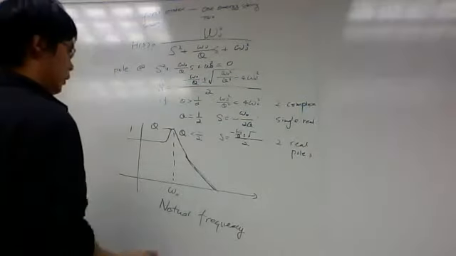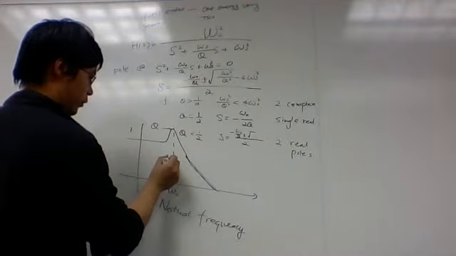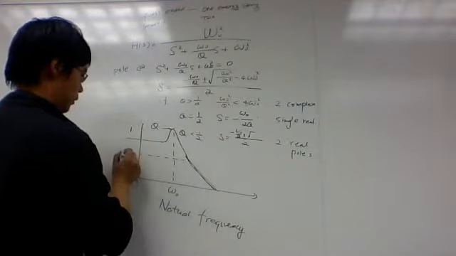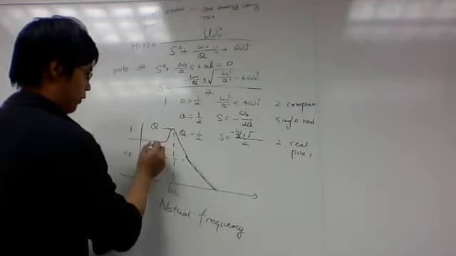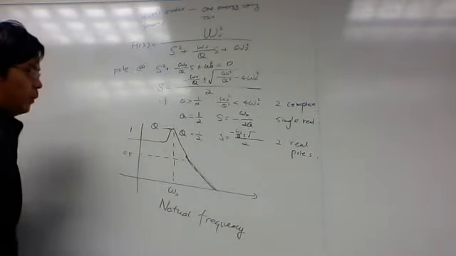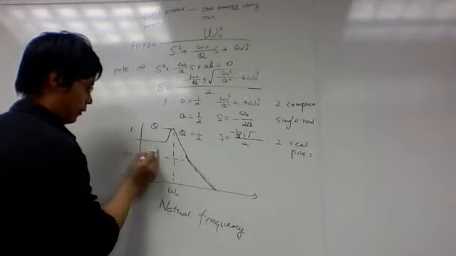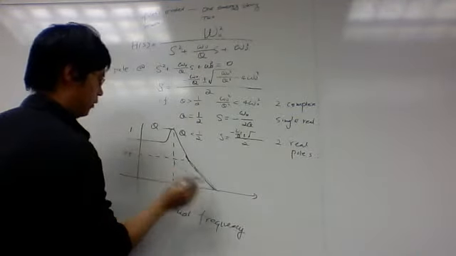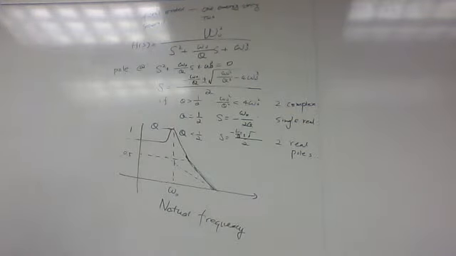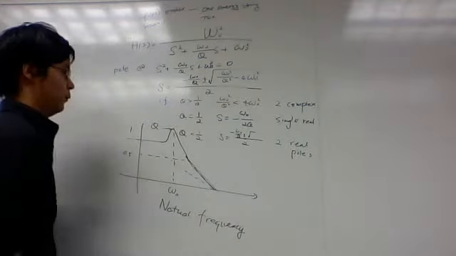Okay, so basically, if this is 0.5, and you have a real pole, you'll probably have something like this. It's not that sharp at all, right? It's very small.